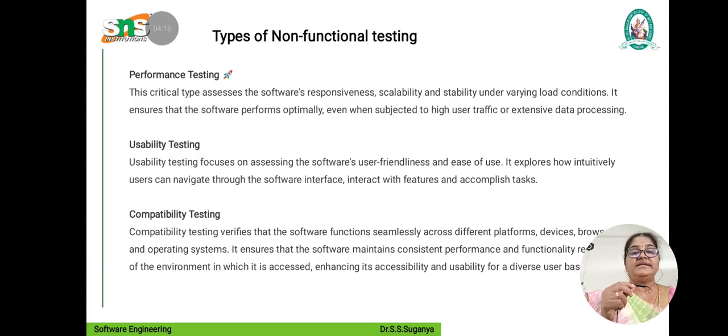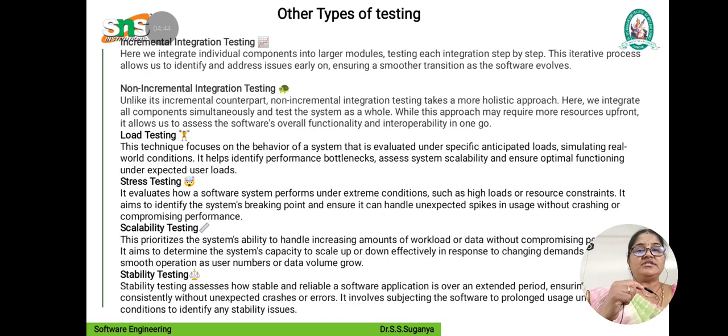Compatibility testing is mainly used to check the software's performance across different hardware devices, operating systems and even different browsers. How does it suit all the platforms? In order to identify that, we do compatibility testing. Now let us see some other kinds of testing one by one.